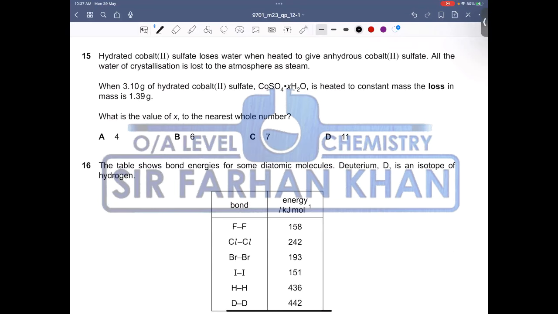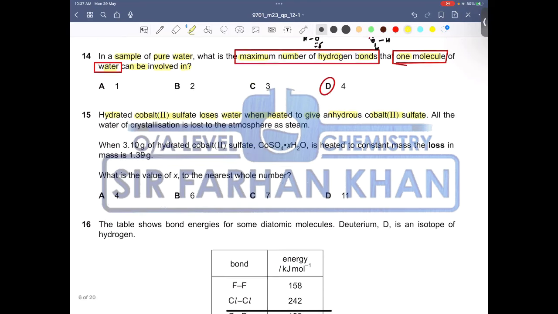Now the next is hydrated cobalt(II) sulfate loses water when heated to give anhydrous cobalt(II) sulfate. Okay. So first of all, write cobalt(II) sulfate, CoSO4 dot xH2O, is going to be this, plus water.